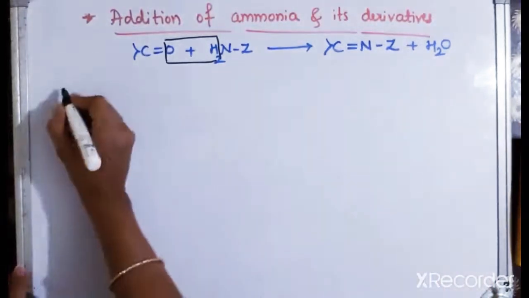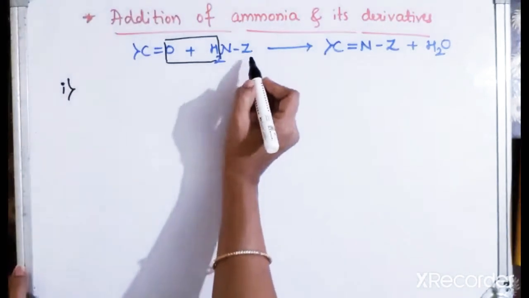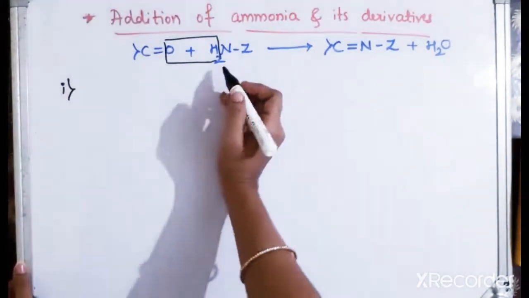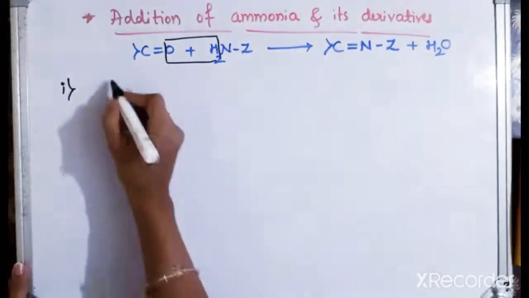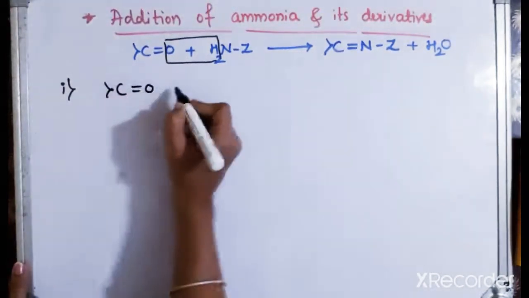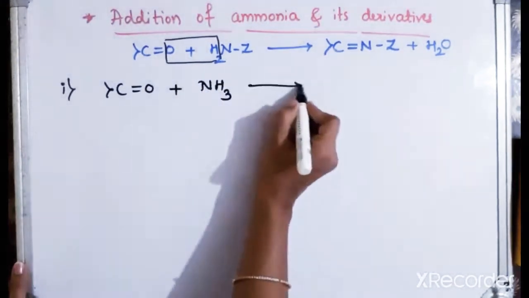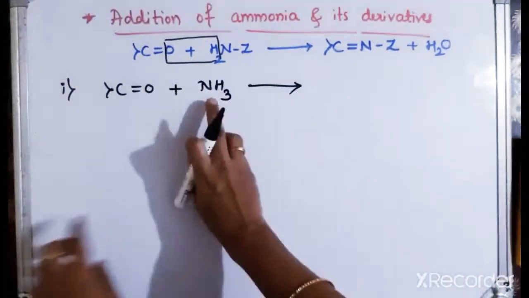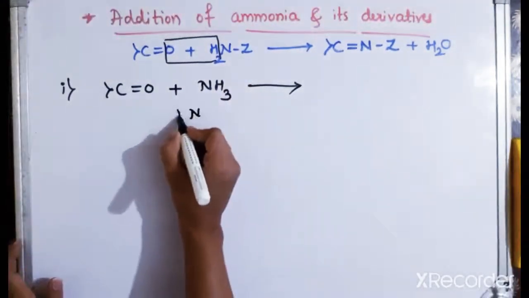So if I take one example, if I consider Z is H, that will be ammonia. So what happens when aldehydes and ketones react with ammonia? See here, carbonyl compound, when it is treated with NH3. What do you get as a product? As I said, here Z is H, I can write it like this also, right?